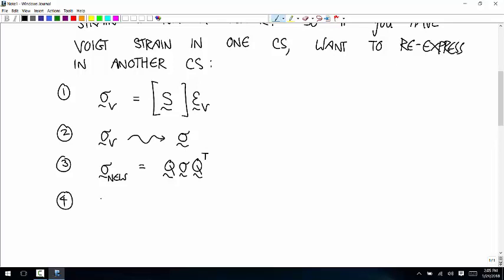Then fourth, go from that new stress tensor to the new Voigt stress.